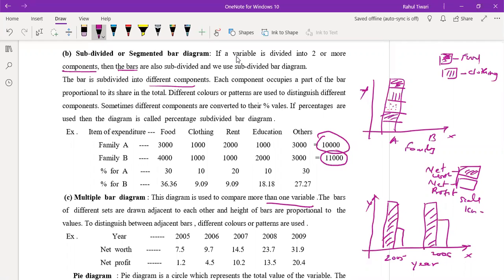So once we get the percentage, we need to plot the percentage data. Percentage means it is always 100%, right?